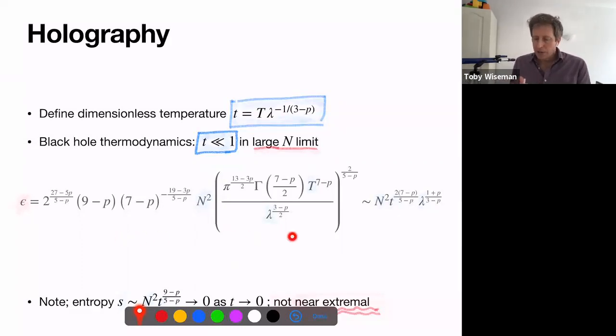Another thing I want to emphasize, and I'll come back to this in a minute, is that if you calculate the entropy from this energy density, you find, again, it goes like n squared, and there's some power of t, and in particular, it goes to 0 as we take t to 0.